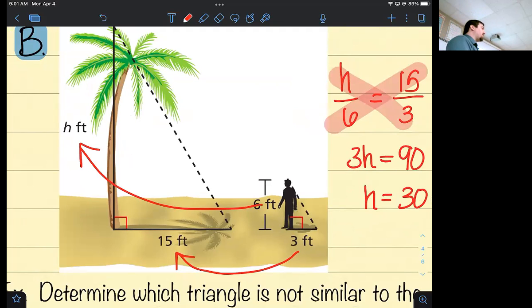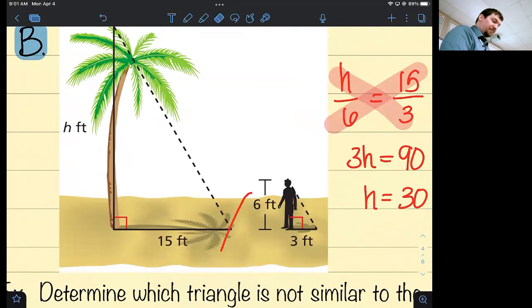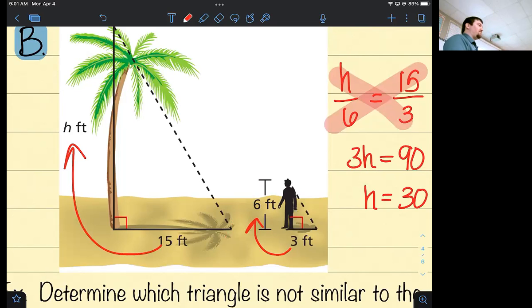You could use mental math. Or how about this one? This is even easier. What did they times 3 by to get to 6? 2. What's 15 times 2? If you can use mental math, that'll save you some time. If you can't use mental math, because mental math doesn't work on every problem, go ahead and use your proportion. Or you could just use the proportion anyway. It's not very difficult to do.